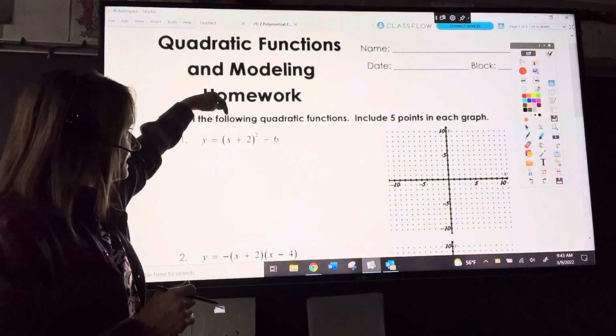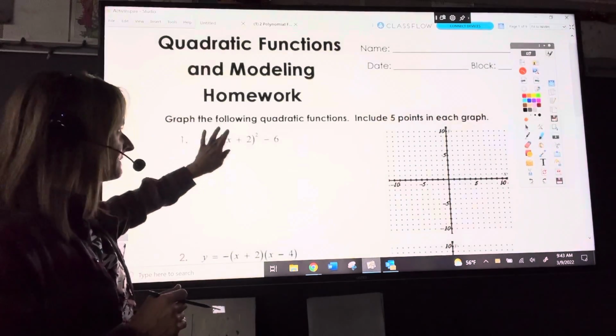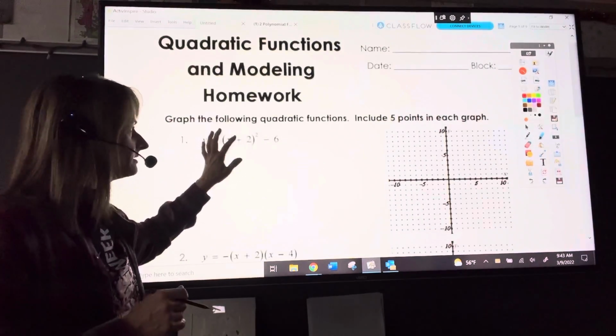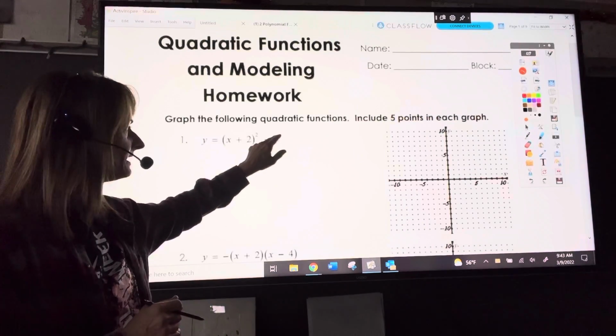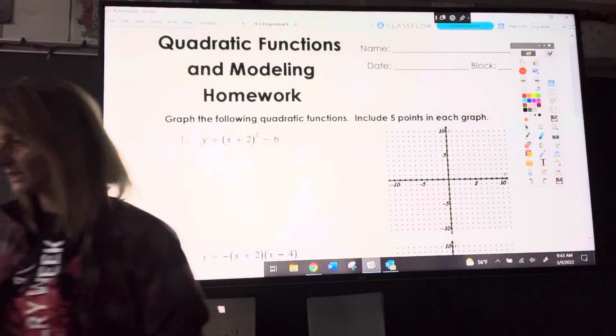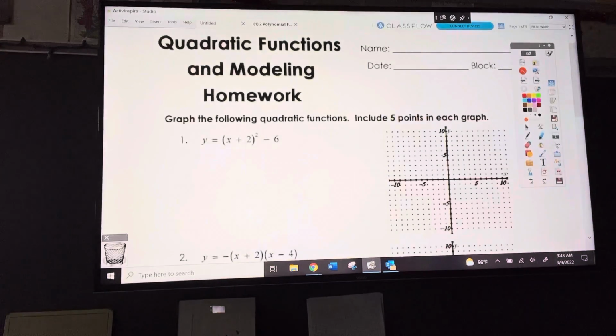If you were to put a -2 in here, that would make this 0, right? So the shift is at -2 and then -6. And that's where the vertex is. The original parent function has a vertex at 0, 0, and this function has a vertex at -2, -6.